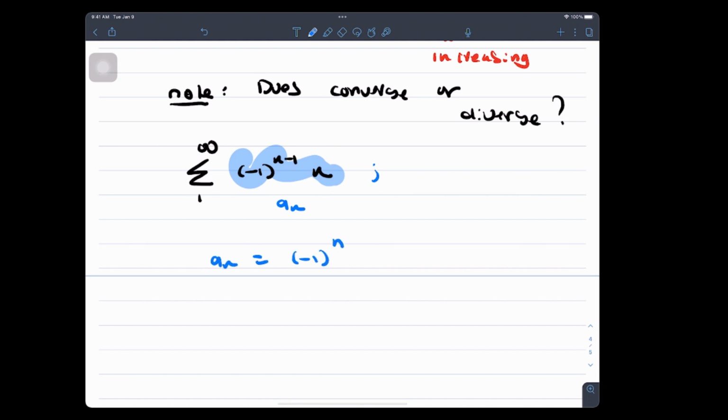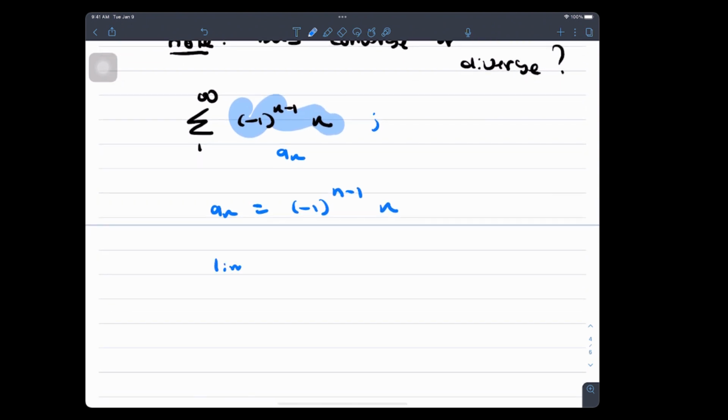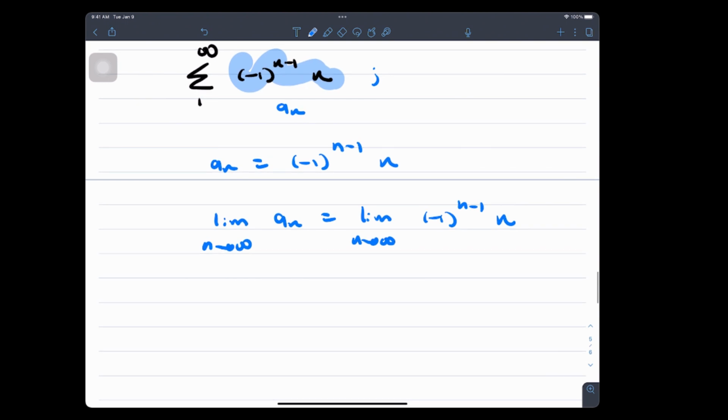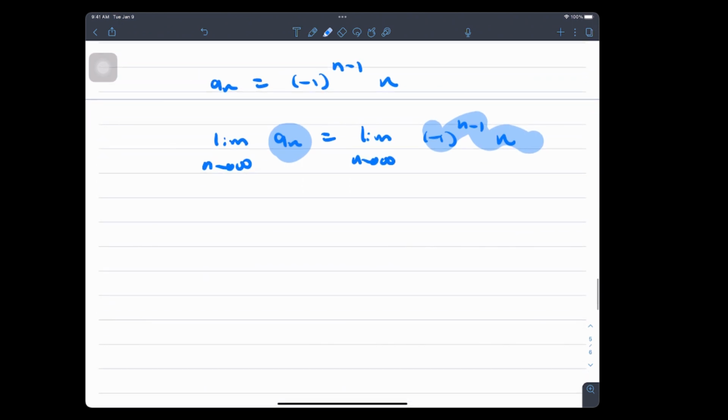An is (-1) to the n minus 1 power times n. What do you guys know about that limit? What is this limit equal to?